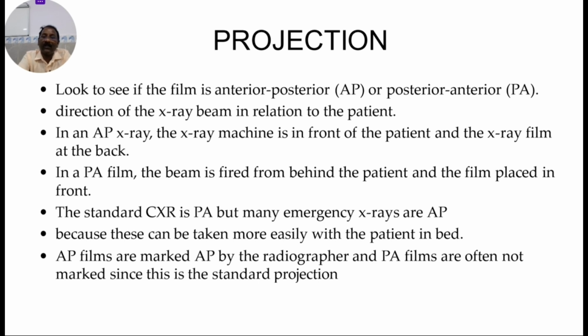These AP views can be taken more easily with the patient in bed. AP films are marked AP by the radiographer, but PA films are often not marked since this is the standard projection. So if they didn't mark it, it should be a PA view. As a physician, we can also judge whether it is an AP film or a PA film because of some differences.